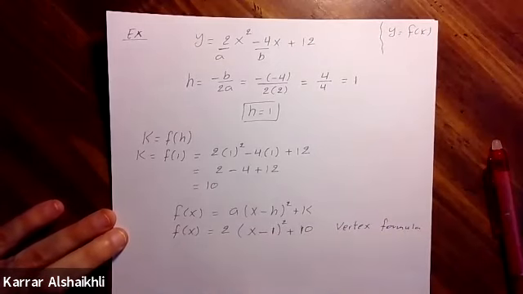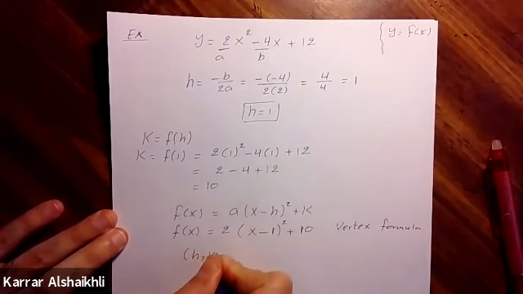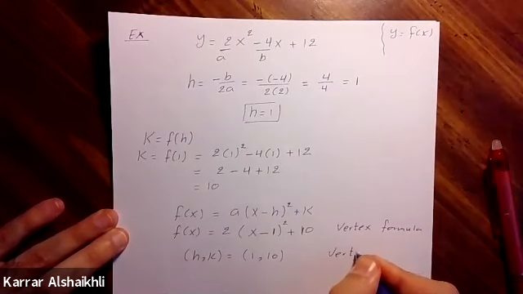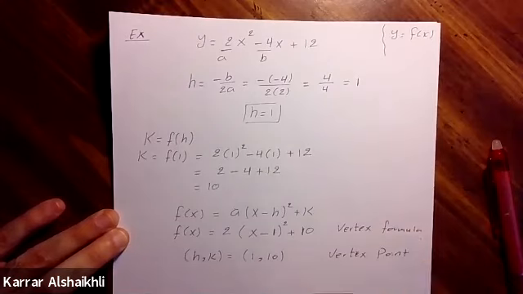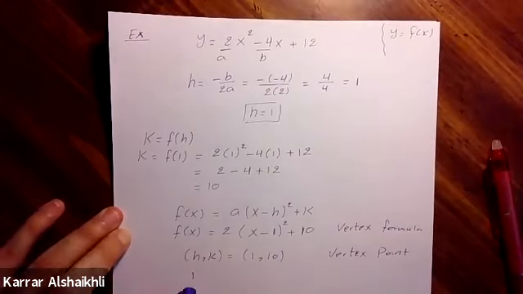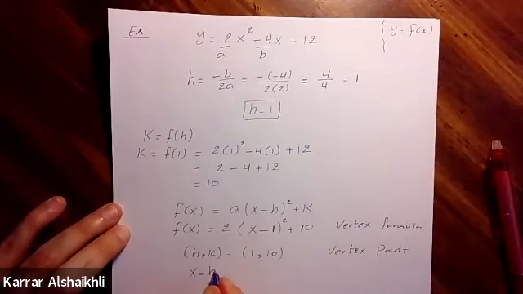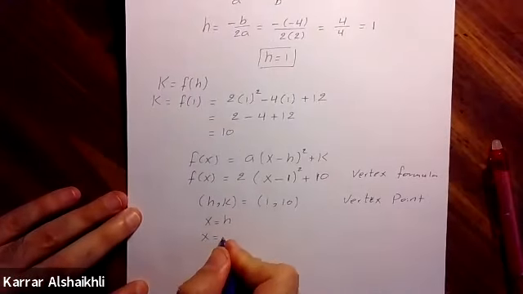Now to write down the vertex point, this is h and k. So h is 1, k is 10. This is the vertex point. And the axis of symmetry is always x equal h. So x equal 1.